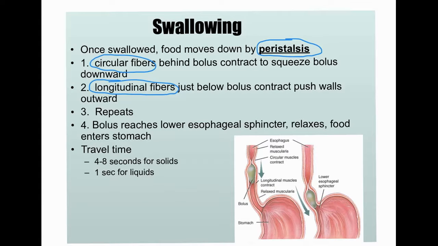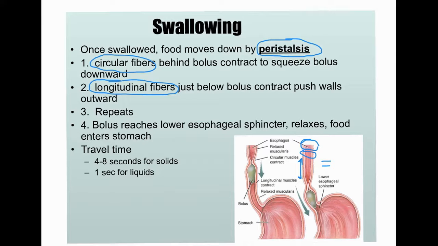The circular muscle fibers are arranged in a circle, going around the circumference of the esophagus, whereas the longitudinal fibers are arranged vertically, up and down.